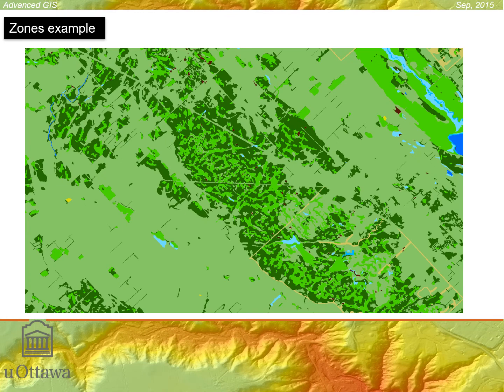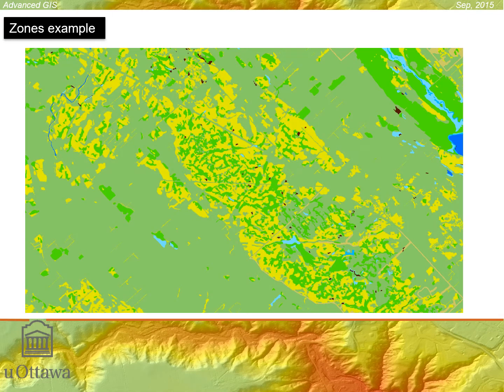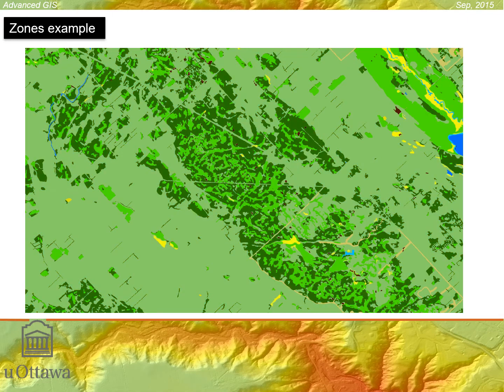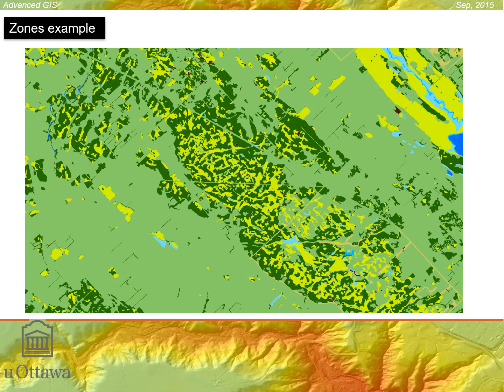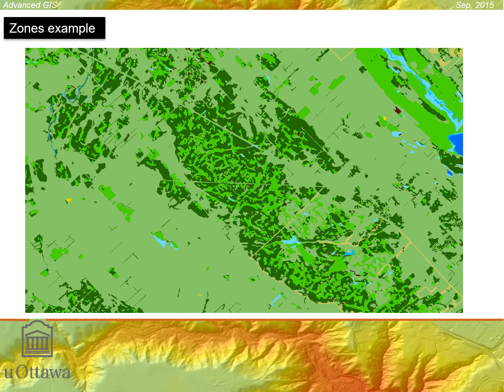Here's a zone example. Here we have a number of different zones. Remember again, zones here are represented with colors, and each one will flash yellow. So all of those different colors are zones. Some zones have a lot of regions.